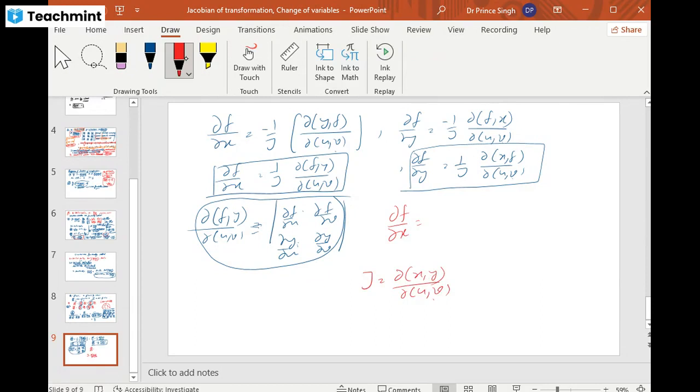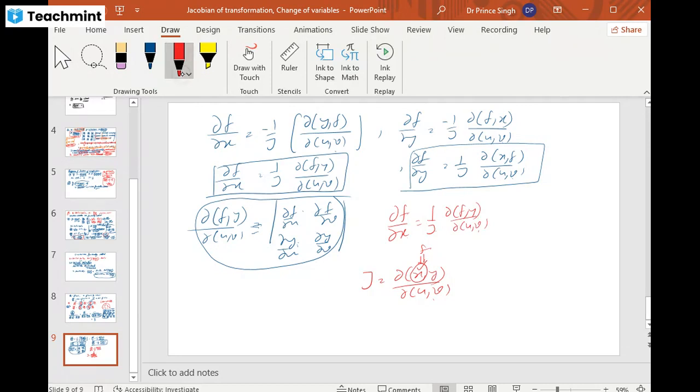So if I want to find out ∂f/∂x in terms of uv, of course 1 upon J is required. But in this case, if I want to calculate ∂f/∂x in the Jacobian of transformation formula, we are going to replace x with f. So what do we have? Jacobian of fy with respect to uv.